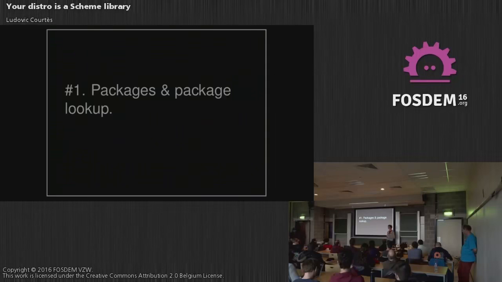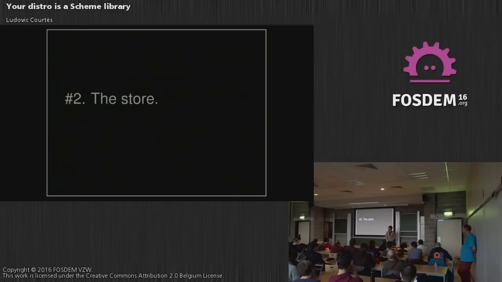And we have also several user interfaces. So we have the command line interface, which you've seen before. We have an Emacs interface, and we have a web-based user interface, which is still under development. But already, just because it's a Scheme library, you can write all these things, which is pretty cool, I think. Any questions so far?